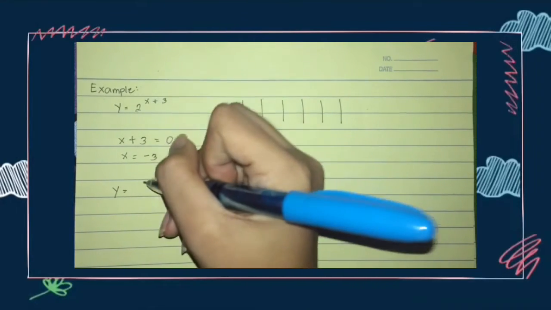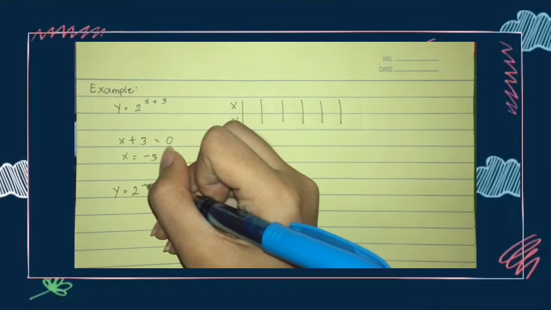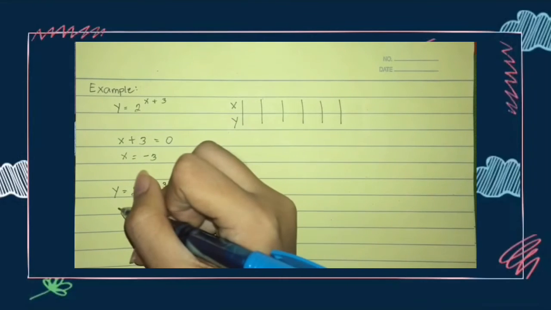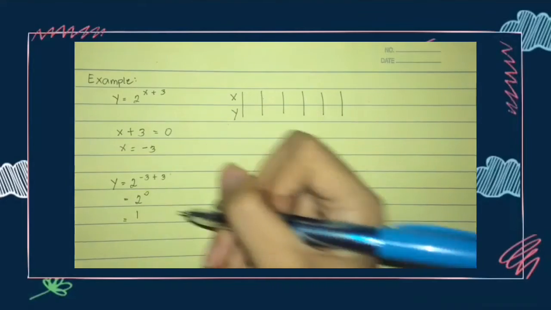And now let us solve the y. y is equal to 2 raised to negative 3 plus 3. It will become 2 raised to 0, which is equal to 1.